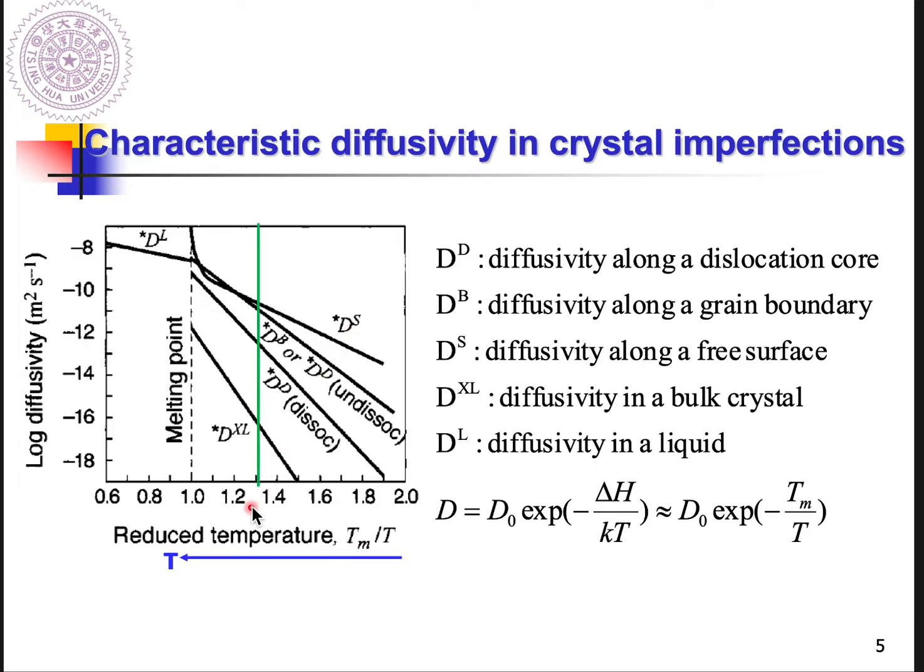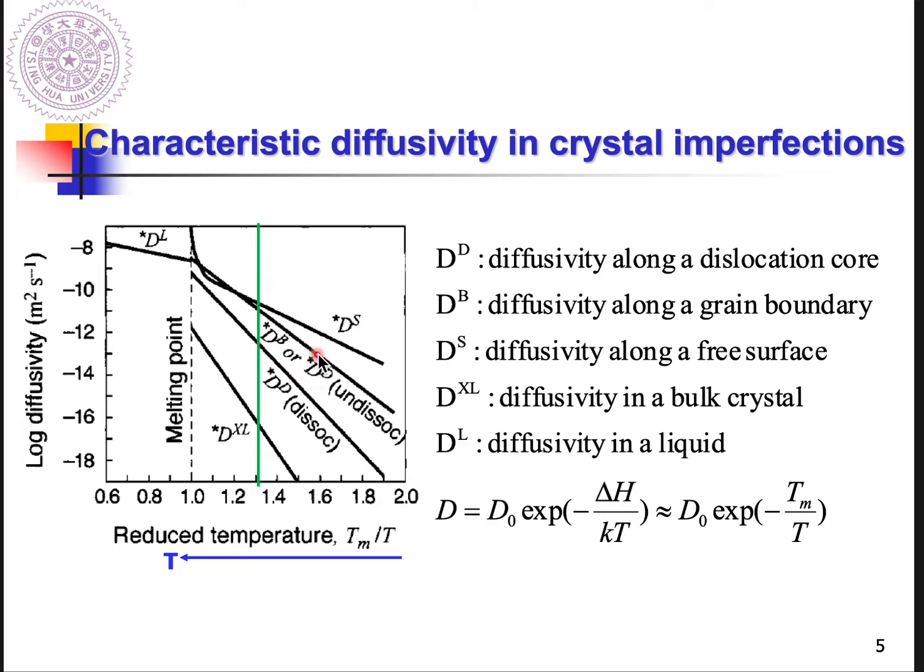If you fix the temperature here, then what can you observe? The diffusivity in the bulk crystal is smallest, right? And the highest one will be the diffusivity along a free surface. In between are the diffusivity along the grain boundary and the diffusivity along the dislocation core.